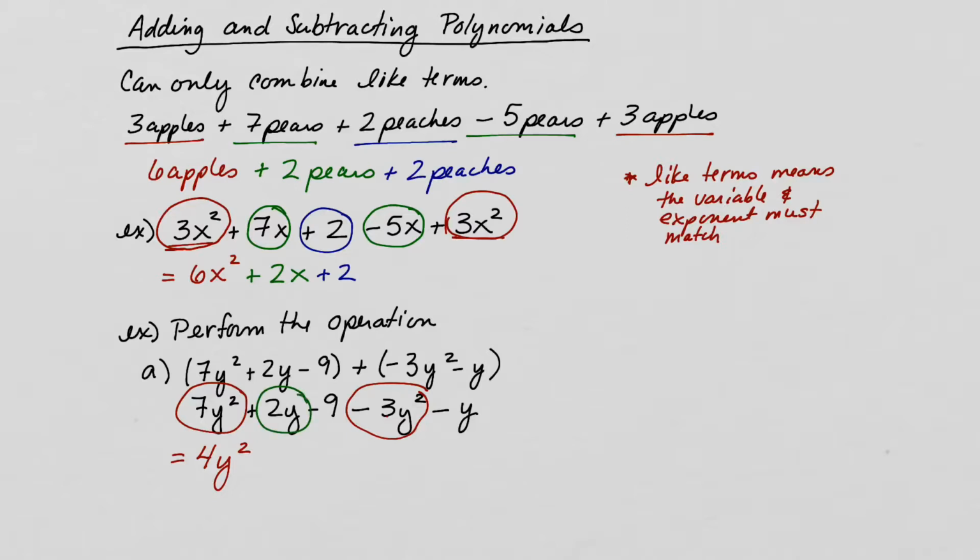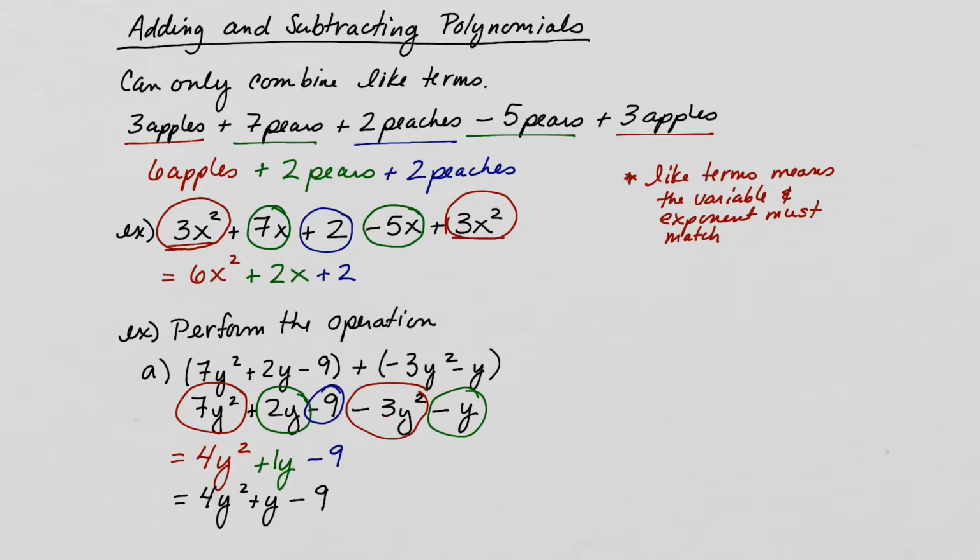Here I have the 2y and a minus y, so 2 minus 1 gives me a positive 1, so positive y. You could write 1y if you wanted to, but you don't have to write the 1 in front of a variable. The only other piece left is minus 9. So I'll rewrite it without that 1: 4y squared plus y minus 9.